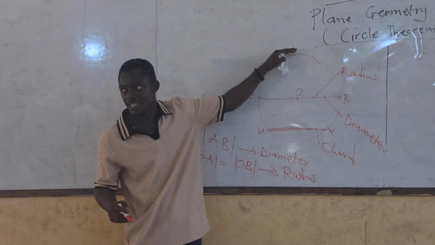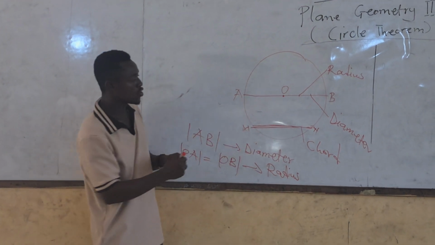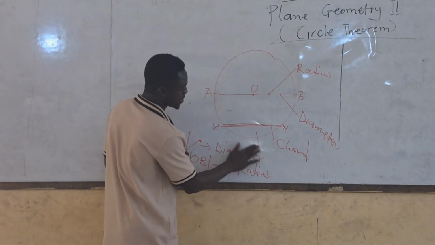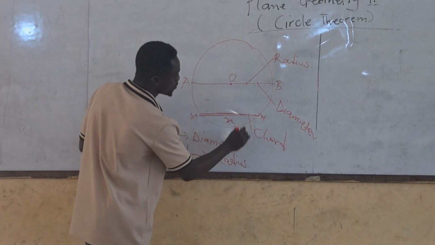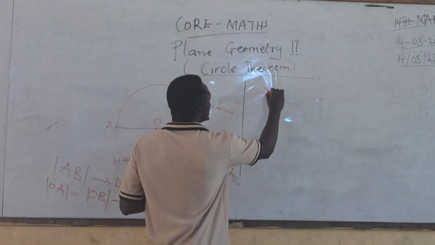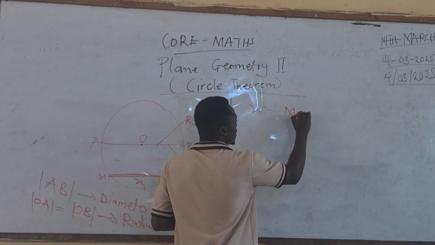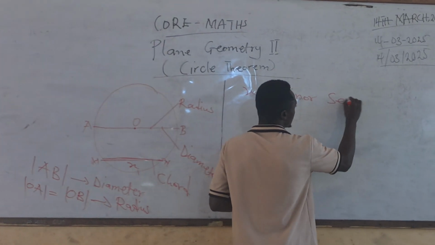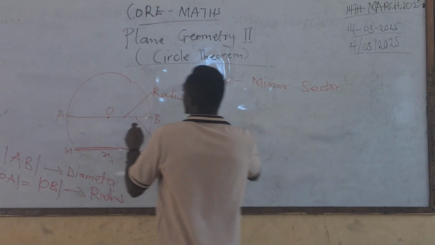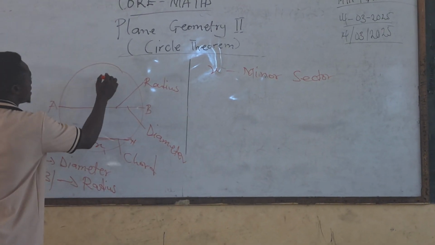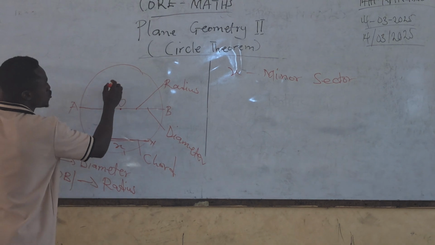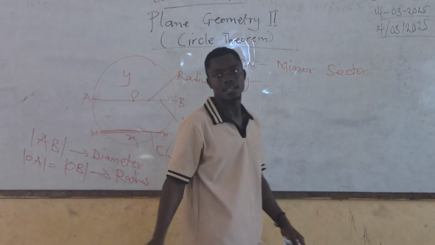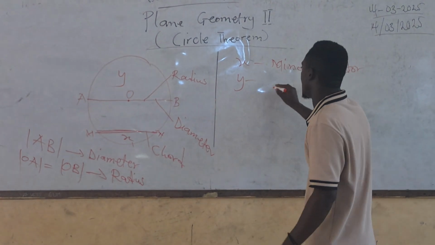One part is bigger, and the other part is smaller. So the smaller one, let's name here to be X, is called a minor sector. Then the bigger part, let's name the whole of this side to be, let's say, Y, and Y is called a major sector.